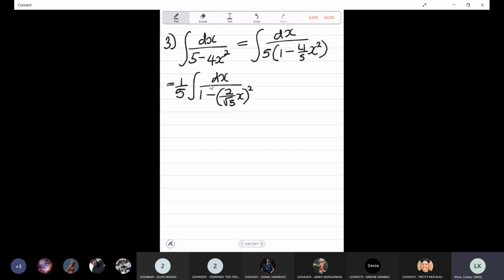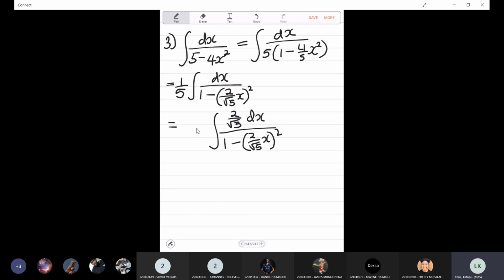So we need to put a 2 over the square root of 5 here and something outside so that when it multiplies with the 2 over the square root of 5, we still end up with 1 over 5. So here we have 2 over the square root of 5 dx in the numerator, 1 minus 2 over the square root of 5 x, which must be squared.